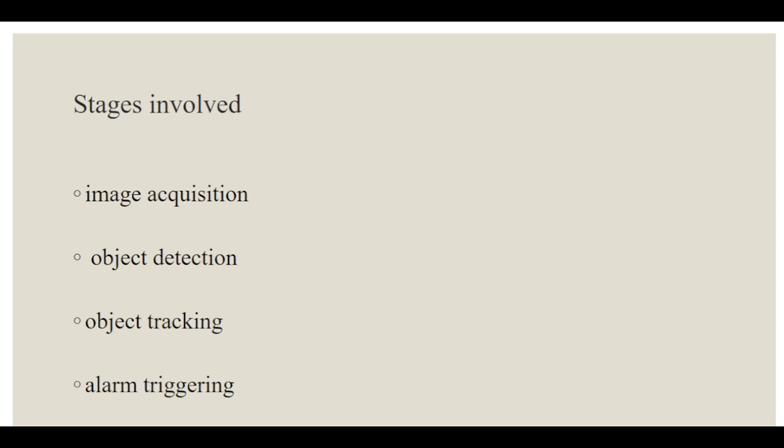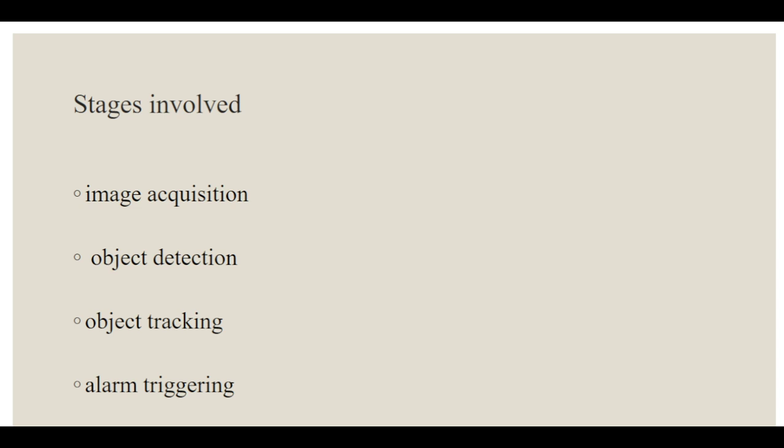Object tracking. Once the objects are detected, the system tracks their movements over time to determine if they are entering or leaving the restricted area. This can be done using techniques such as optical flow, Kalman filtering, or deep learning-based approaches.